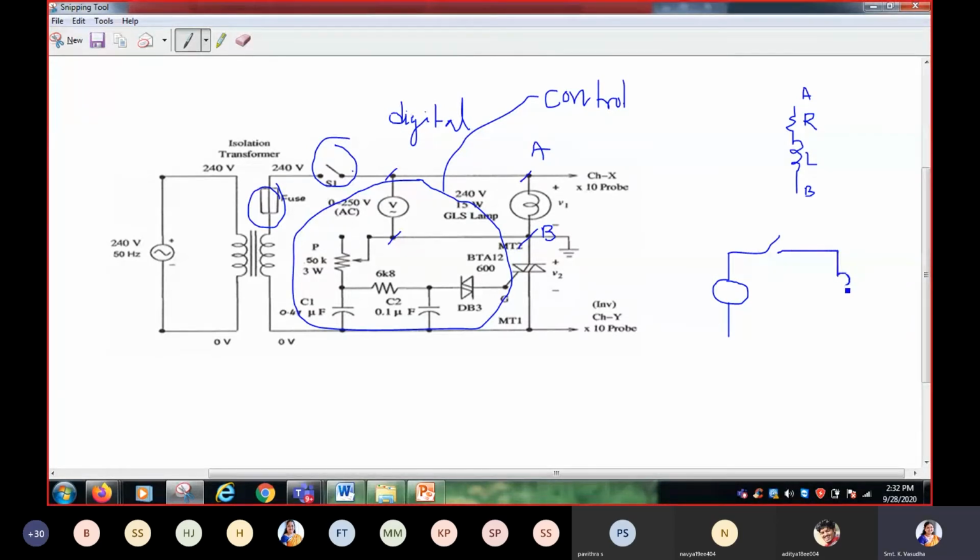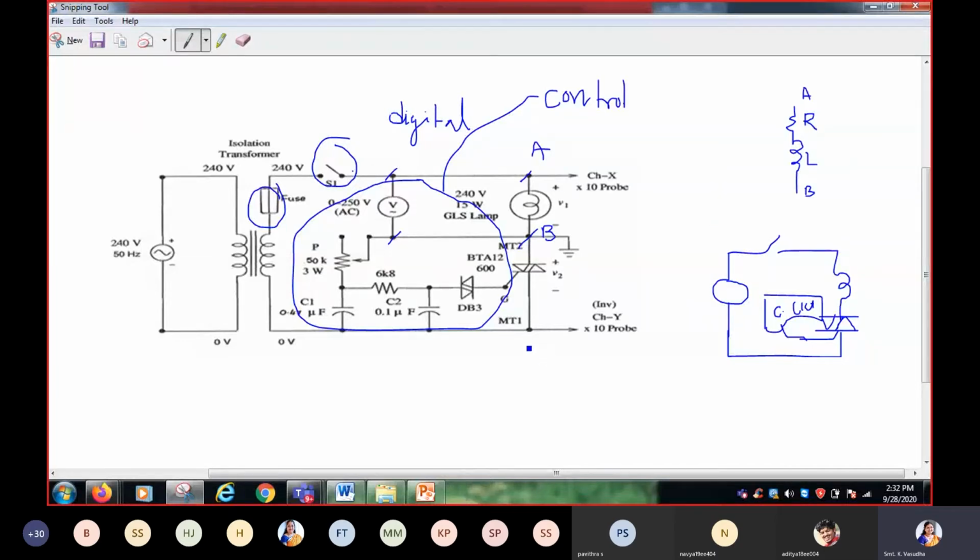Then we have a bulb, then the triac. Here we have the control circuit. This is how the actual circuit is.